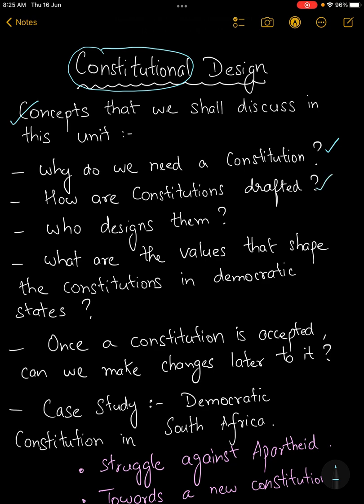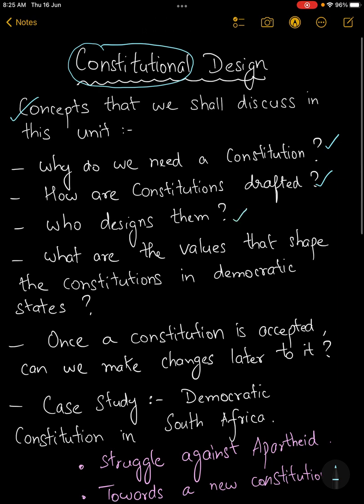How are constitutions drafted? What is the process that we undertook particularly in our country? What was the role that the constituent assembly had played in the drafting of the constitution? Who designed them, right? The values that are enshrined in the constitution, which guide our politicians, our policy makers to form laws and policies, right?